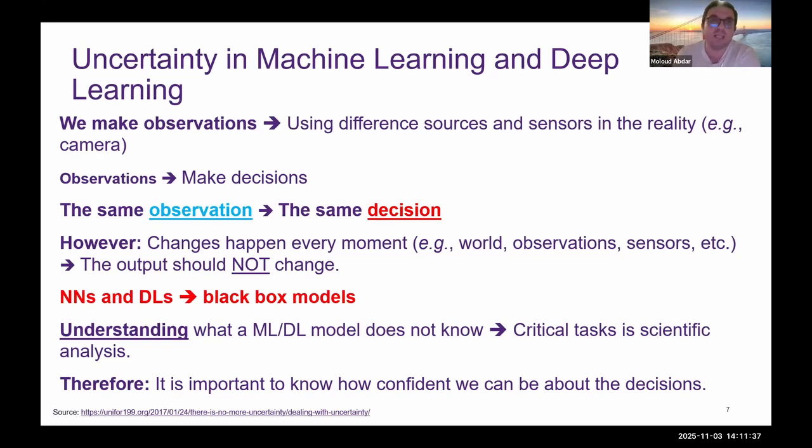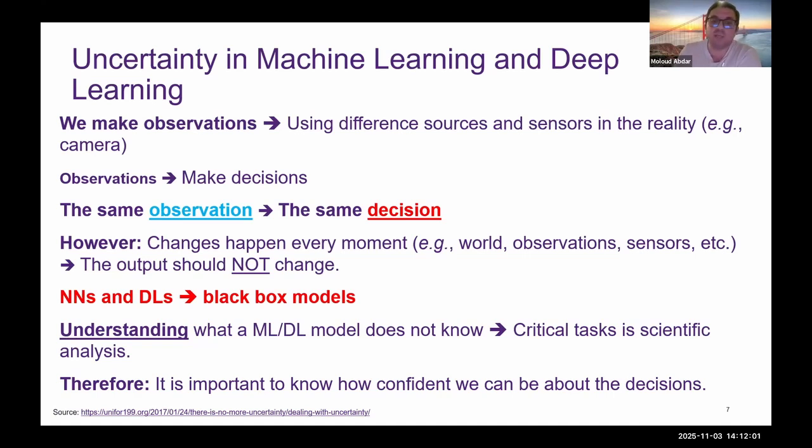We cannot expect it to be stable, so we have a very dynamic environment. The world, observation sensors and so on are changeable, so the output should not change when those change. But neural networks and deep learning models are black box models.